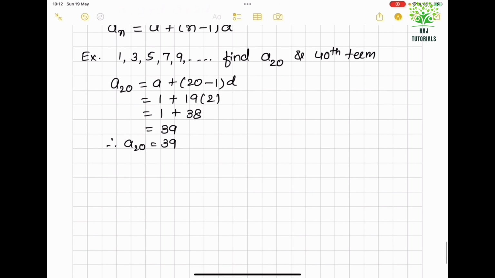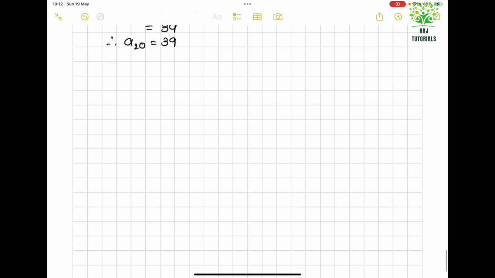Now if I want to find the 40th term, it will be A40, so that will be A plus 39D. How did I get this? A plus (40 minus 1) D. I did this directly orally and came to that.